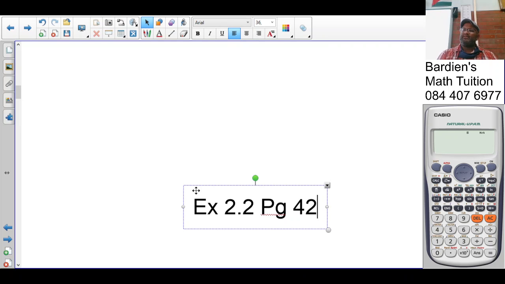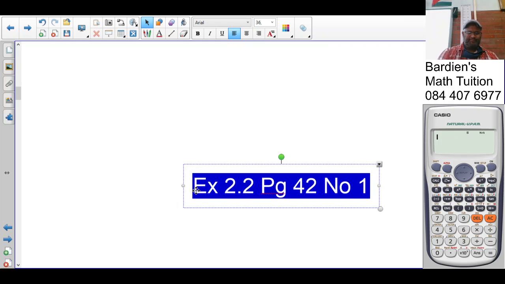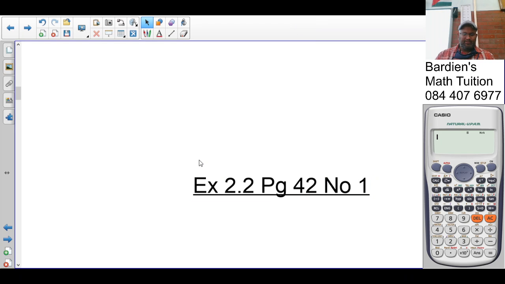Yes, page 42, number 1, J. You don't have your textbook in front of you.